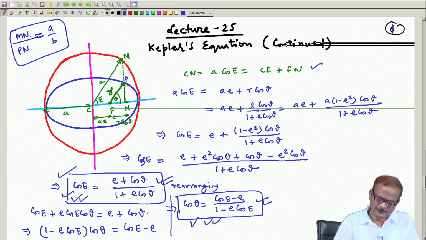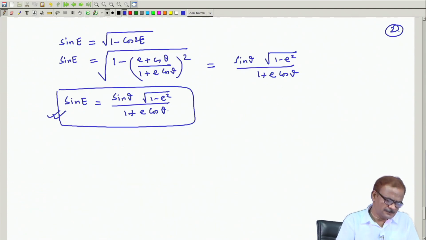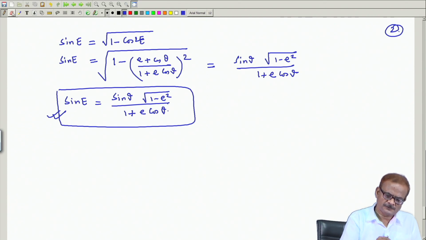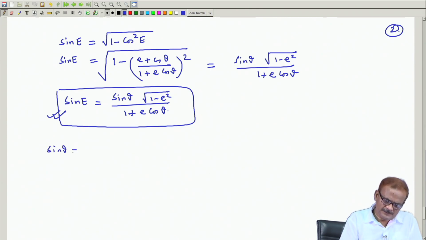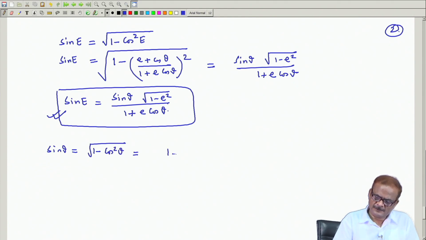So, this is one equation, this is another equation. Here we have the sin E, and the same way cos E we have already used. This is cos square E. Cos theta is also given, so in the same way sin theta can be obtained. Sin theta equals the square root of 1 minus cos square theta, and insert the value for cos theta.